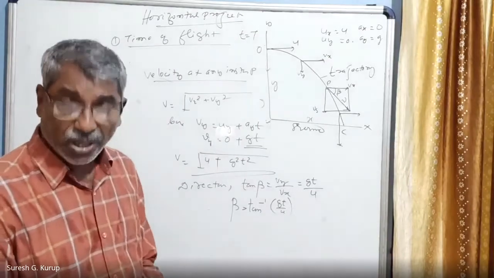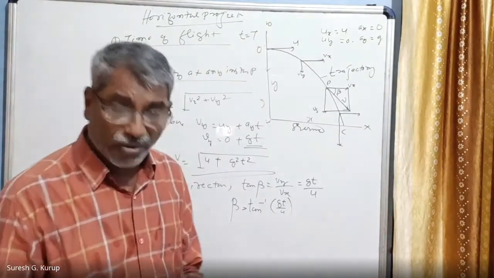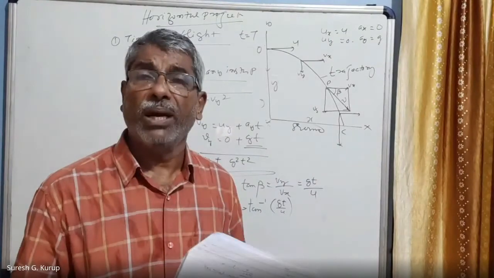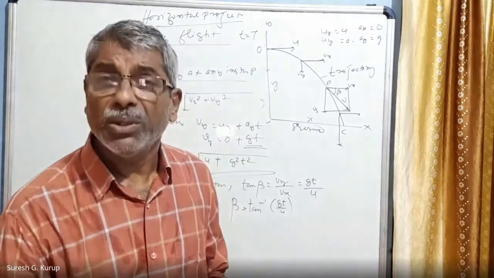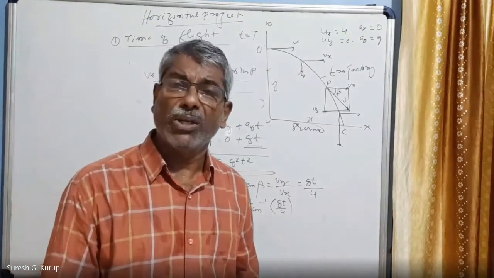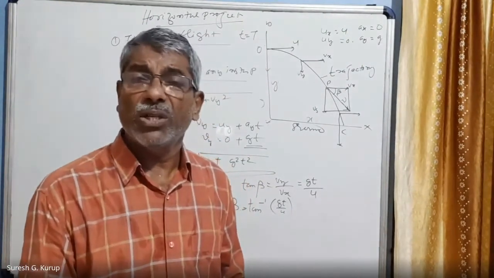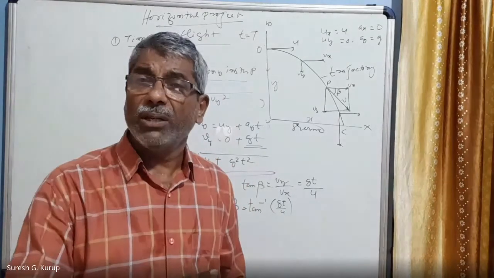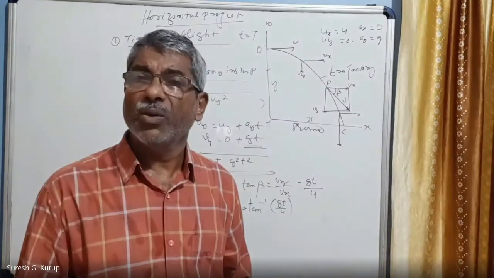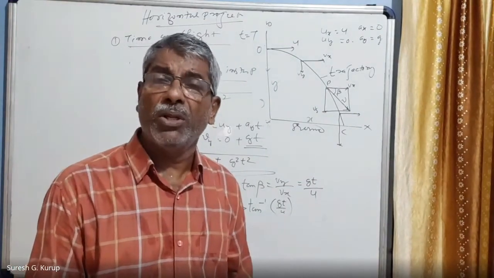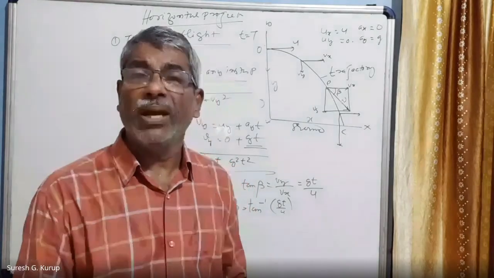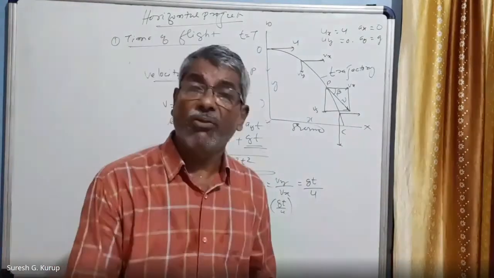A horizontal projectile is a projectile which is projected horizontally from a certain point above the surface of the earth. That means the velocity given to the body was only horizontal velocity. That velocity always remains constant, while the vertical velocity is initially equal to 0, but after projection the vertical velocity goes on changing, increasing. Why? Because the vertical component of the velocity is acted upon by acceleration due to gravity, therefore it goes on increasing.